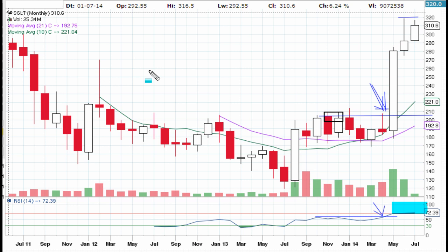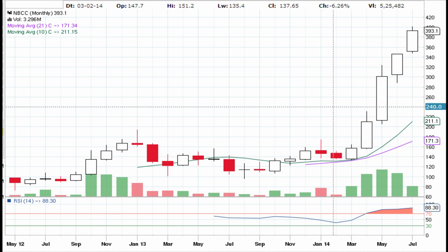Let's take a look at another one. We're taking a look at NBCC. So that's the stock right there. You can see an obvious breakout to 3-year highs on the monthly RSI, which is this entry level here.